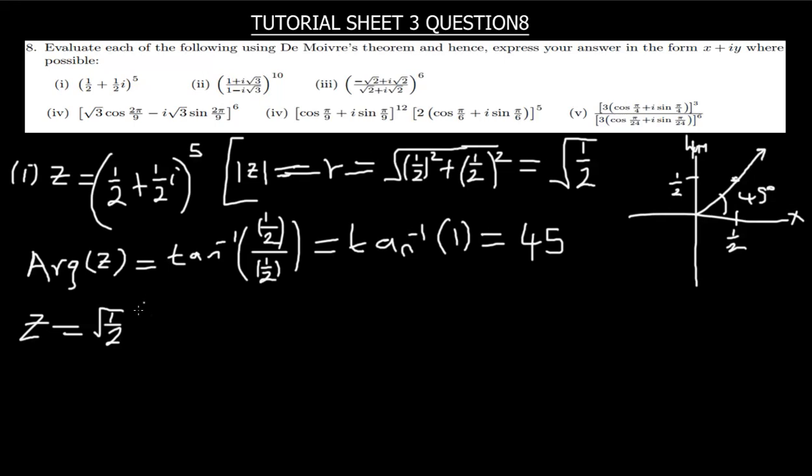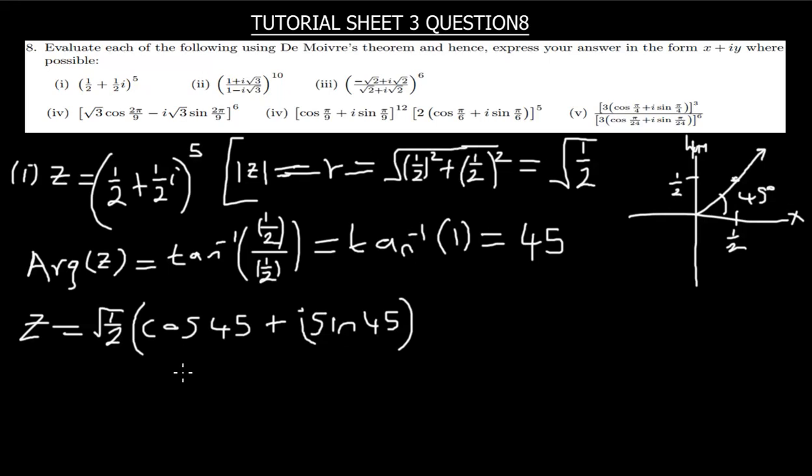And then open brackets, cos 45 plus i sine 45.